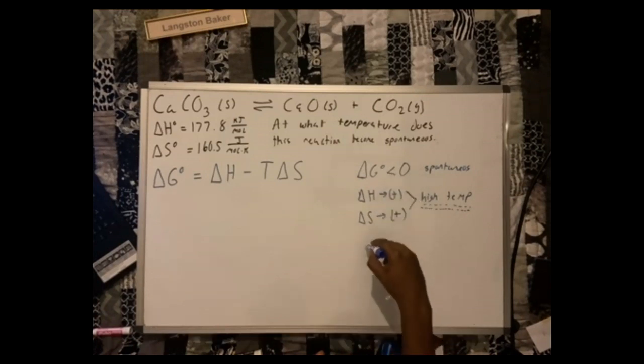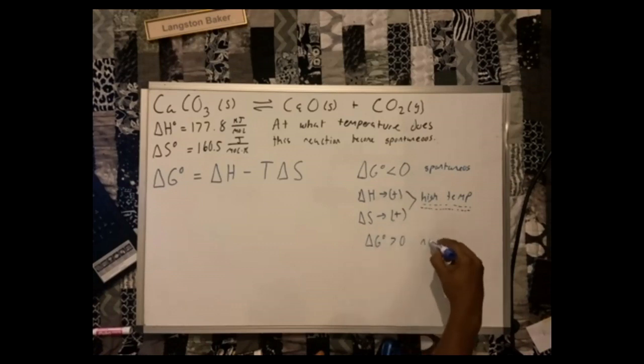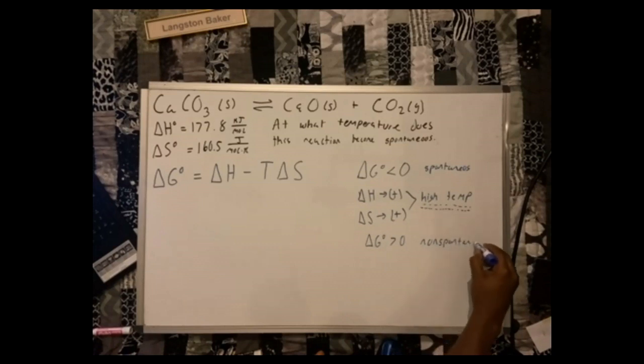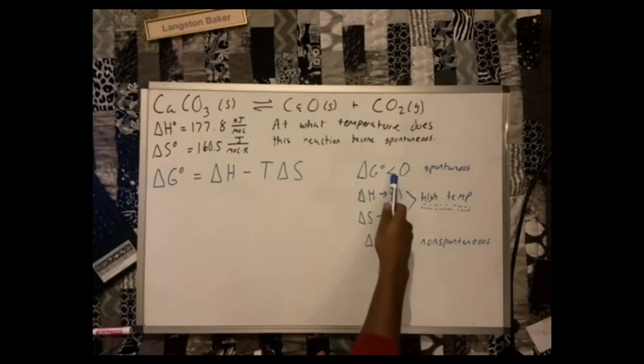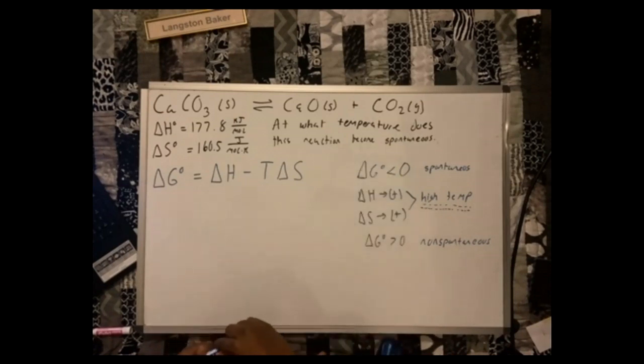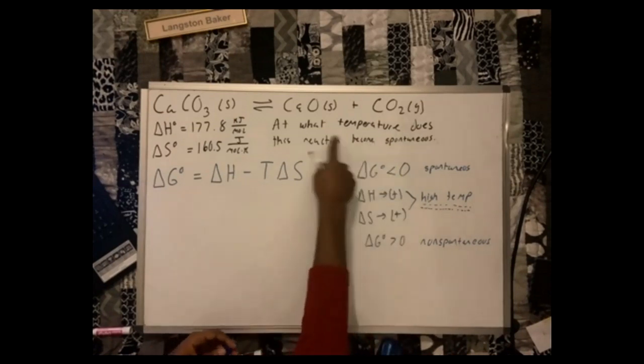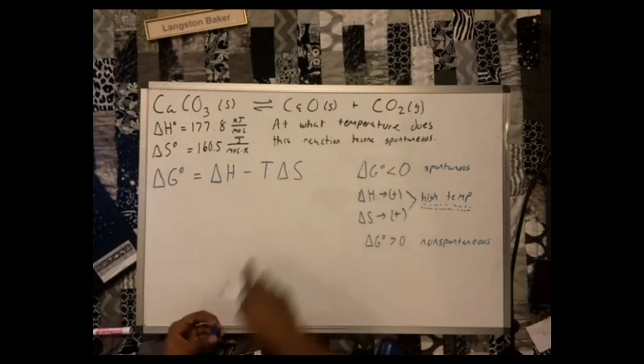It's non-spontaneous when delta G is greater than 0, and spontaneous when it's negative, so it flips at 0. So that's this temperature, the temperature where it becomes spontaneous.